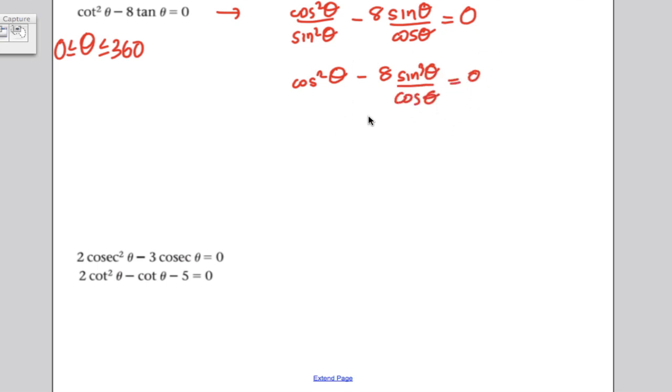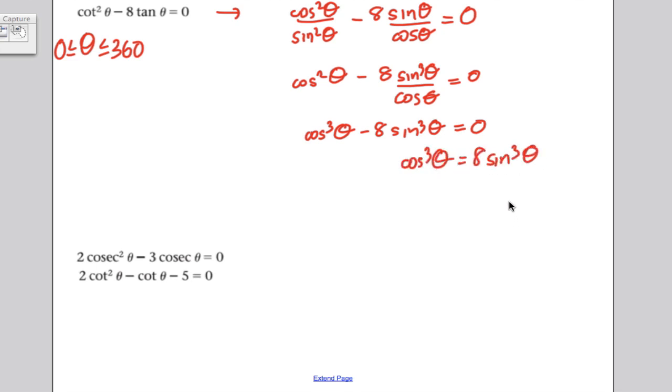Then I might multiply everything by cos theta, so I'd get cos cubed theta minus 8 sine cubed theta equals 0.